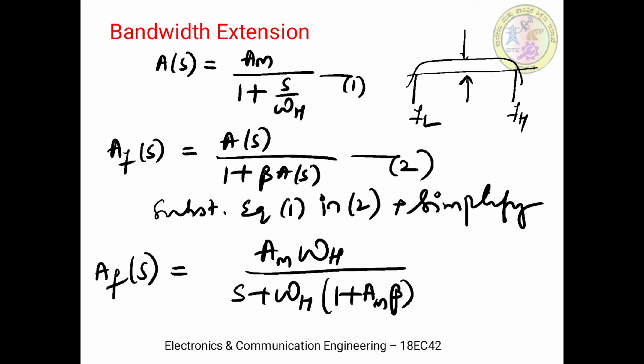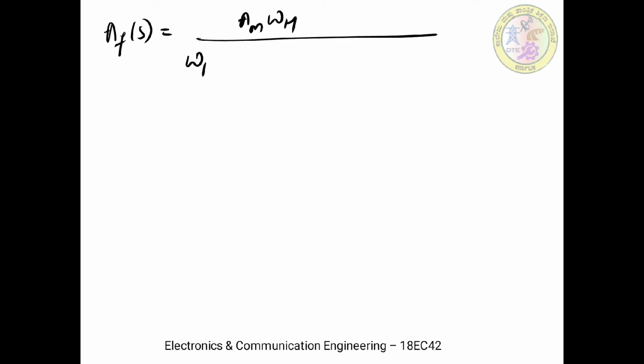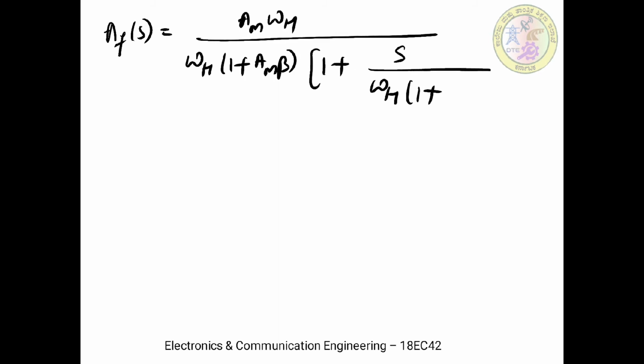Now by taking omega H into 1 plus AM beta as a common factor in the denominator side, we can further write AF of S will be equal to AM into omega H divided by omega H into 1 plus AM beta, which is a common factor, so 1 plus S divided by omega H into 1 plus AM into beta.